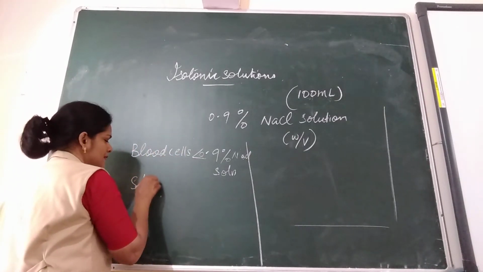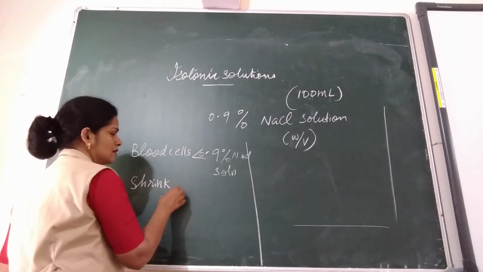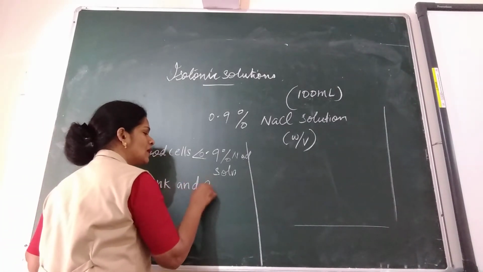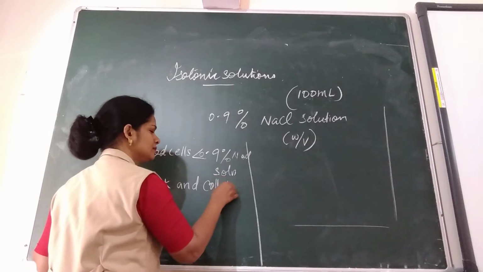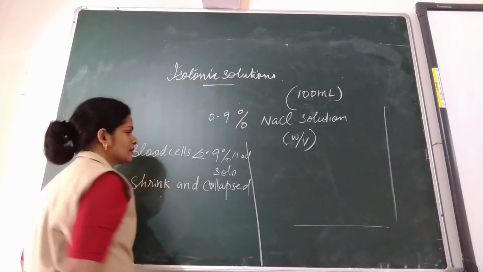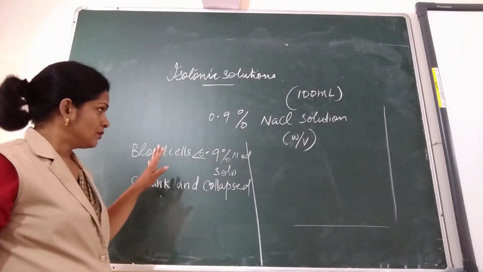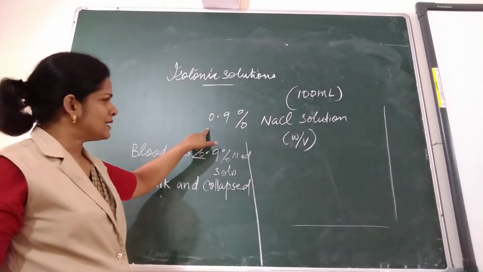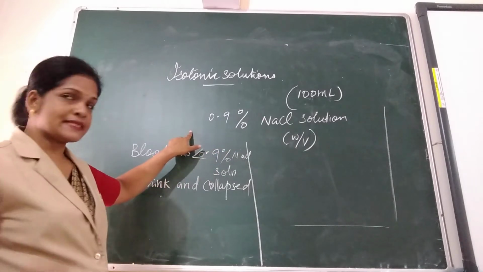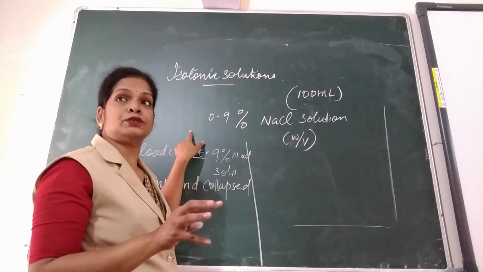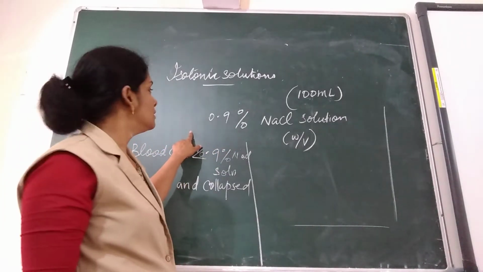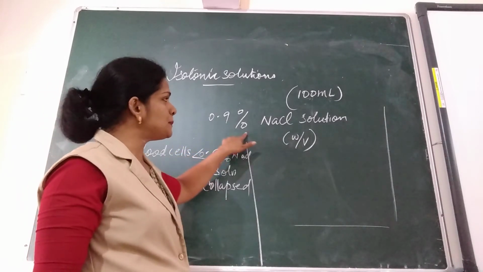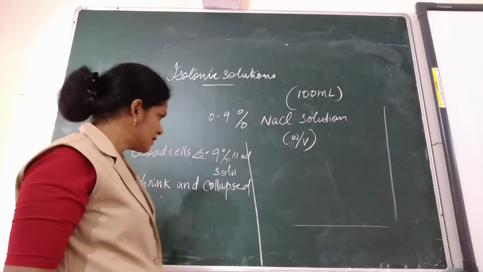Our blood cell fluid has an osmotic pressure equivalent to that of 0.9% NaCl solution.